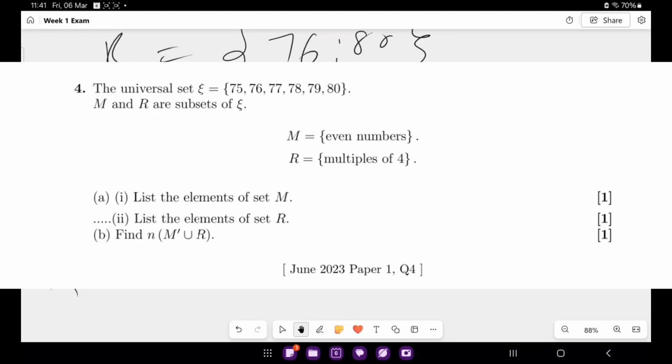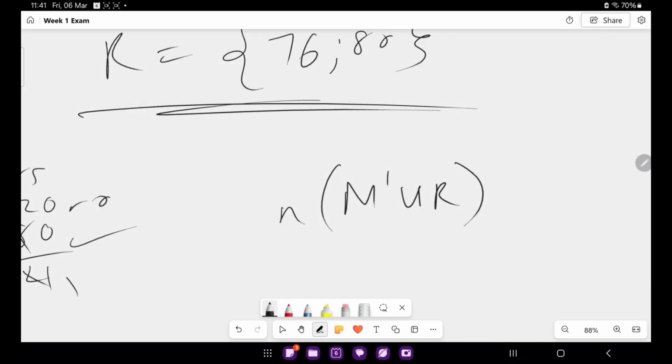It says find the number of elements in M complement union R. Okay, this looks a bit tricky. But I always tell my students that every time when you see something like this, take it step by step.